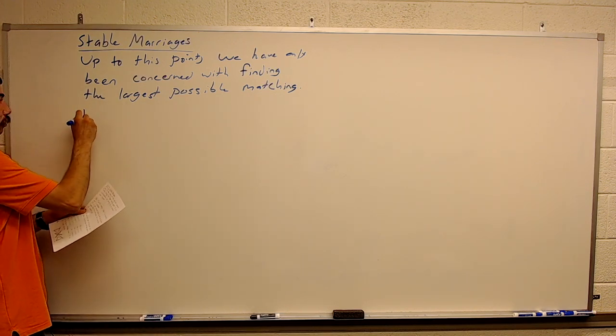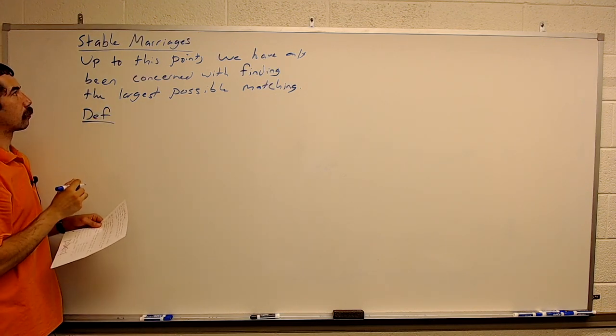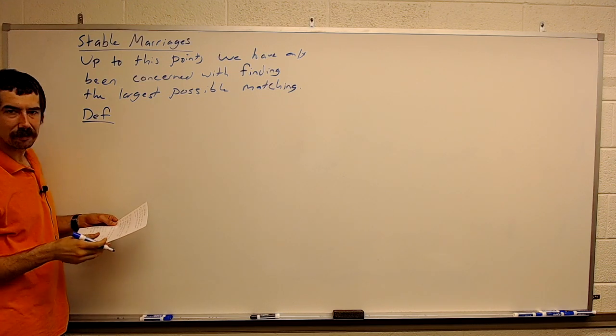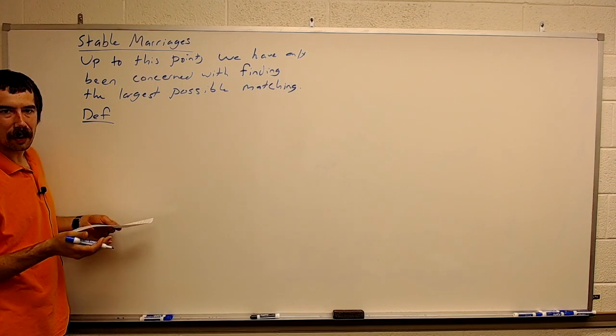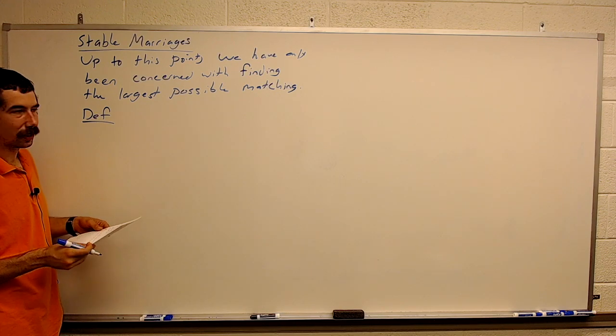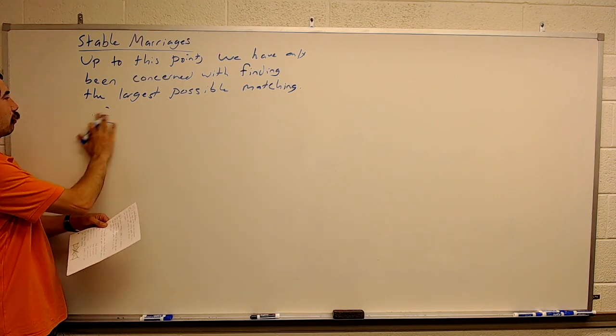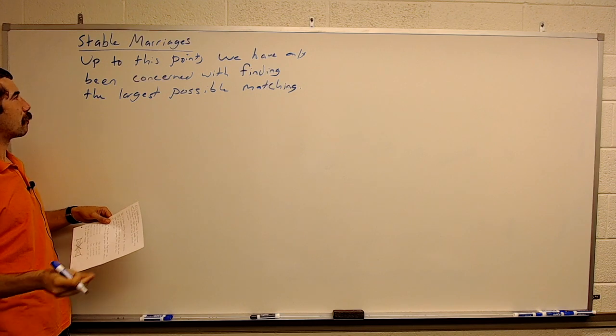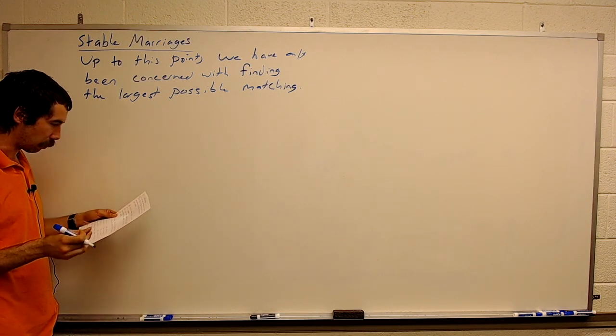So what we're going to look at is called the stable marriage problem, but it has applications in other places. Okay, actually, before we get to the definition, up to this point, we have only been concerned with finding the largest possible matching.